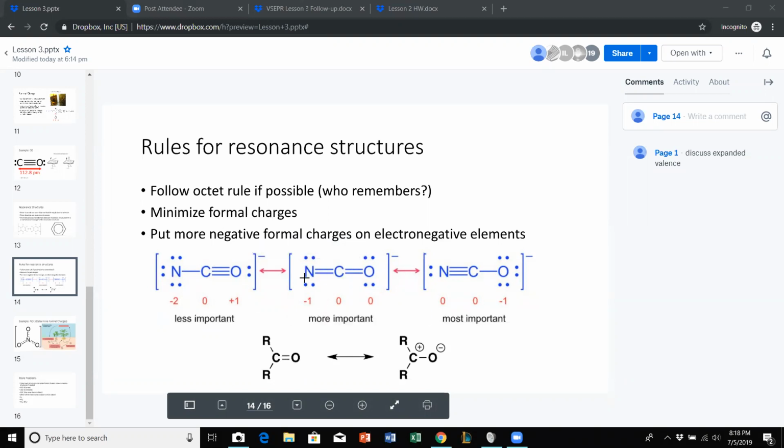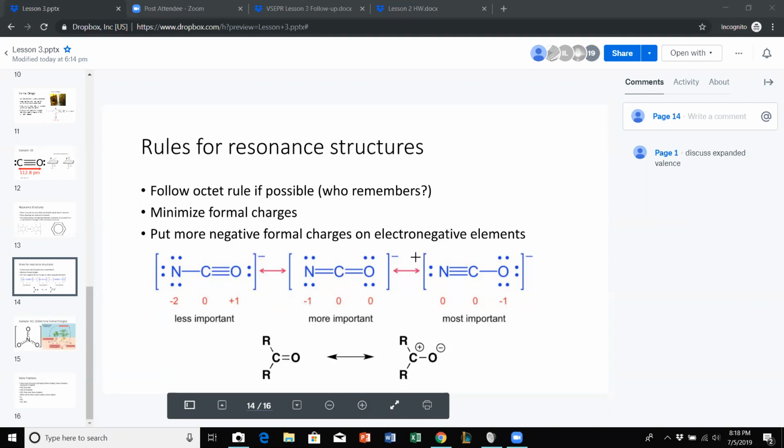Now let's look at this picture. The formal charges are minimized, right? A -1 charge or a +1 charge is perfectly fine. 0 is better, but in this case, if that's not possible, that's okay. By the way, the sum of the formal charges, recall, is the charge of the total ion. So you can see -2 and +1 gives you -1.